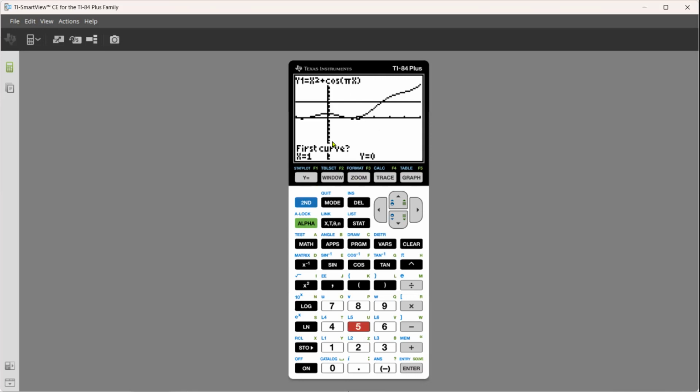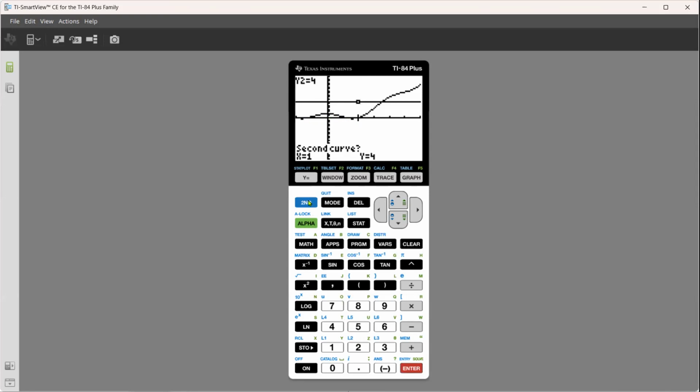You're going to see a little cursor that looks like it's blinking at you. Make sure that it's somewhere on the cosine looking curve. Then hit enter there. Now it says second curve.